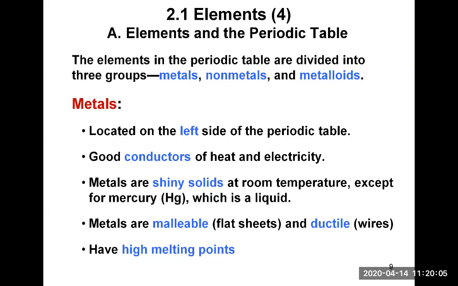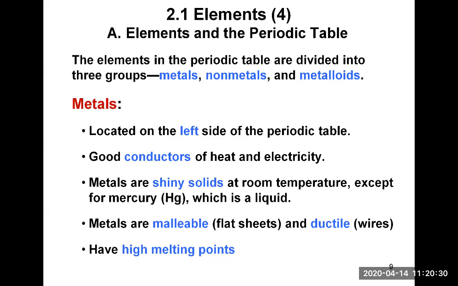So when you think of a metal, you think of a shiny solid, because most of them are shiny solids at room temperature. There is only one exception, and that's mercury. Mercury, with symbol Hg, is a liquid at room temperature. This is the only metal that is a liquid at room temperature.